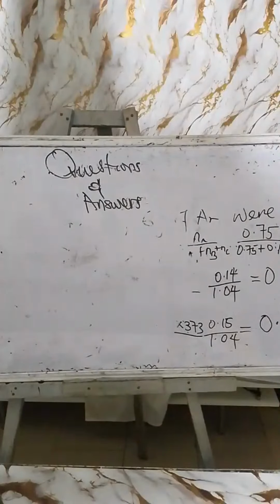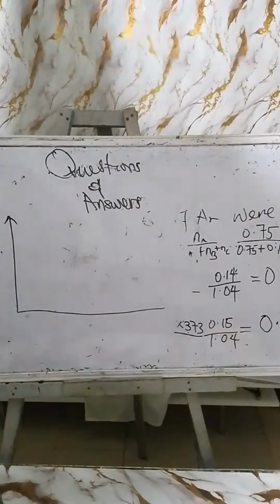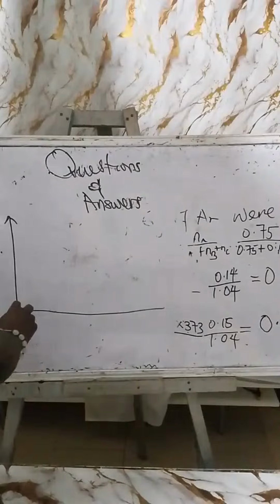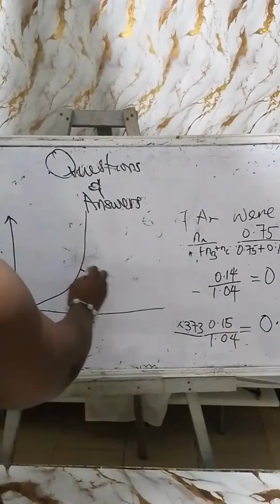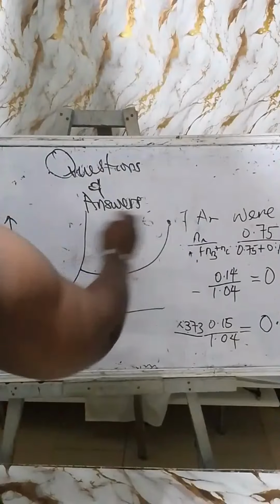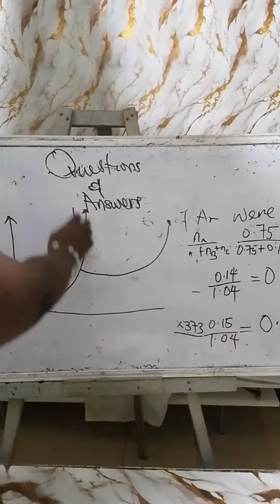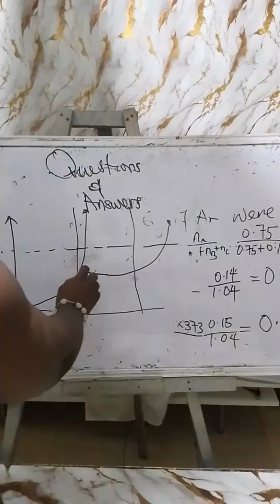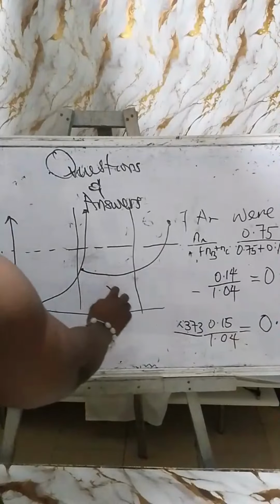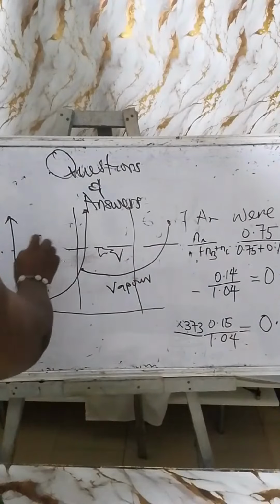Let's take down this question. When you have a graph like this, and from here it moves to this point, then we have vapor, liquid, and solid.